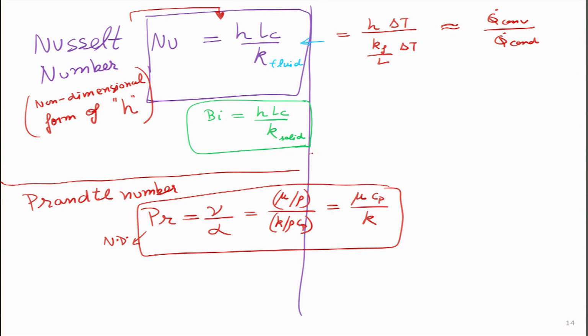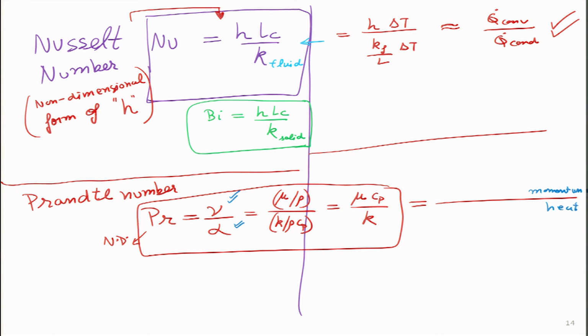Like we have looked at the physical significance of Nusselt number, if somebody asks what is the physical significance of the Prandtl number, it gives the ratio of two diffusivities. You can see nu on the top is linked to momentum, and alpha, which is given at the bottom, is linked to heat.